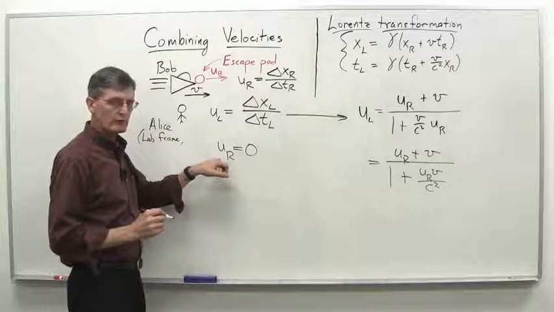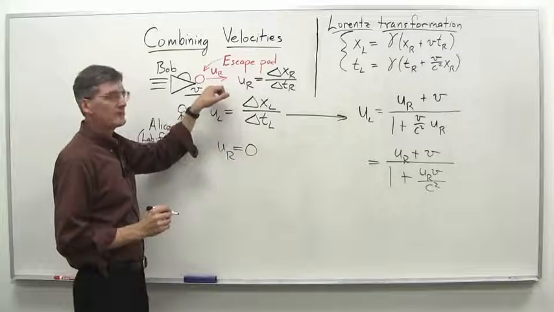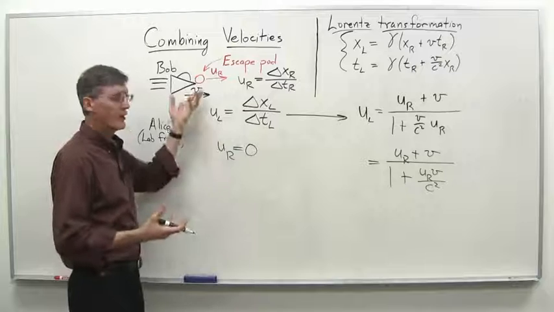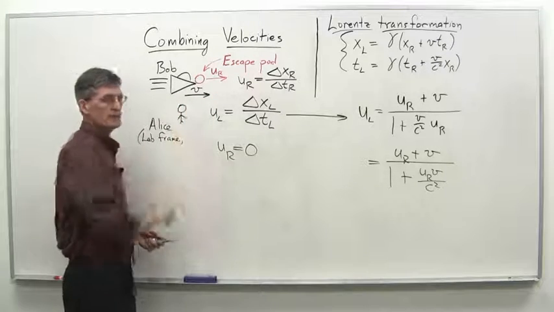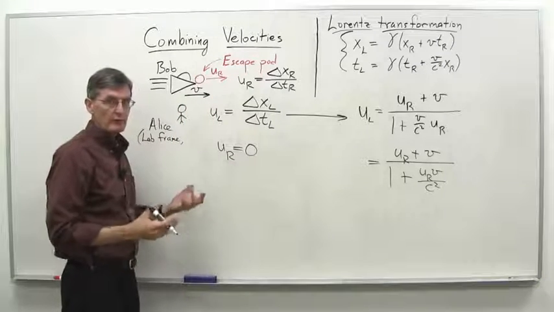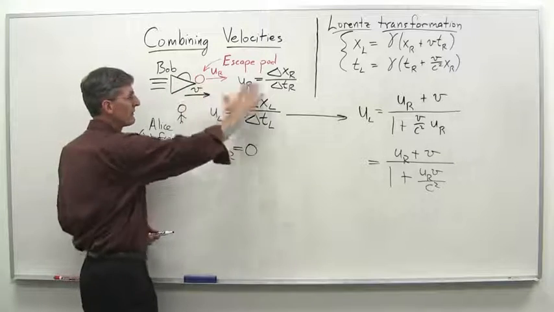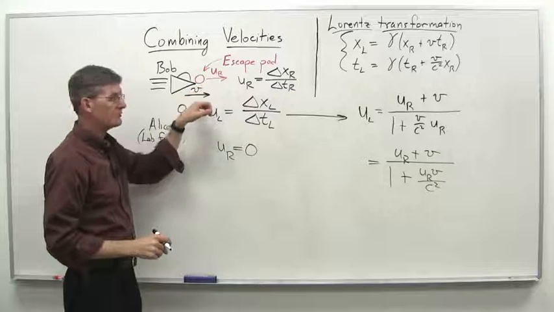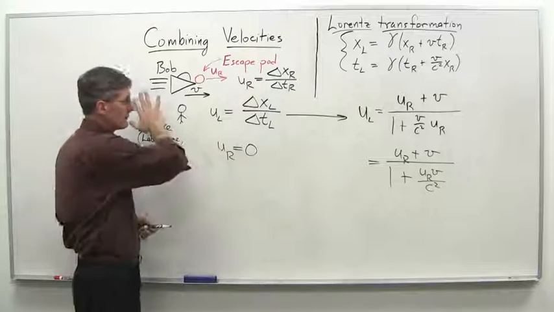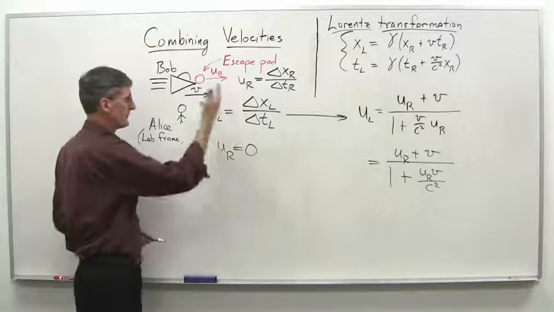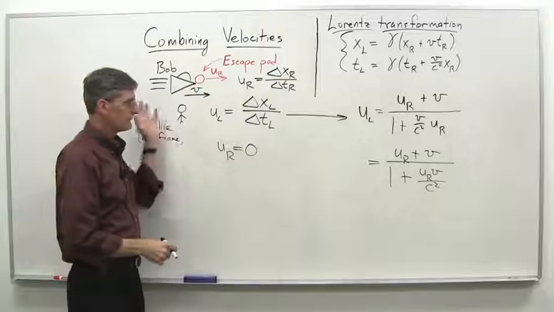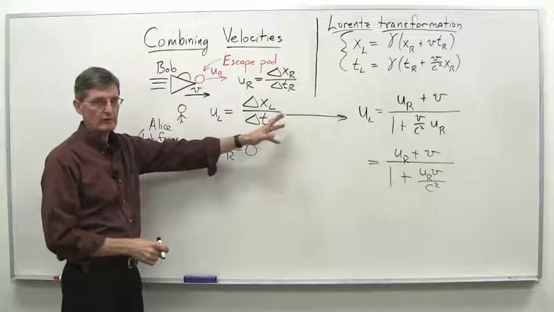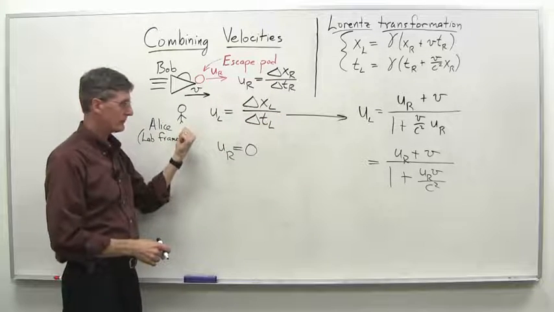So if u sub r equals 0, the velocity of the escape pod is 0 to Bob, which means he hasn't shot it off from his ship. We would expect then it's just going to be traveling along with his ship. Alice should see the velocity of the escape pod to be just v, because that's the velocity of Bob's ship, and if the escape pod is just stuck to the ship, its velocity has got to be v as well in terms of what Alice observed.